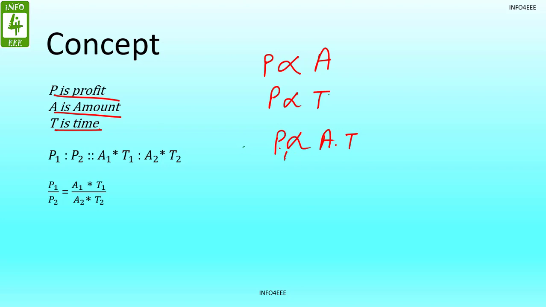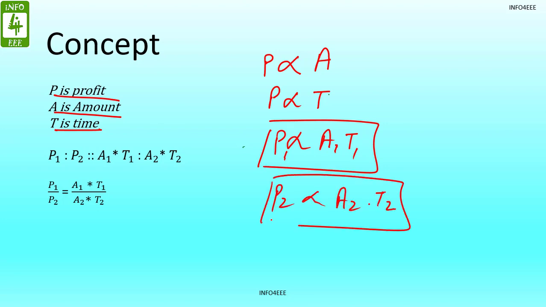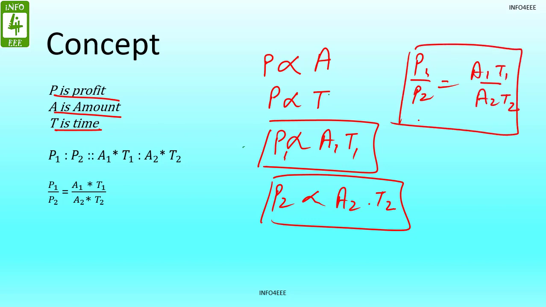This is the profit of person 1, amount A1 and time T1. Similarly for person 2 it is A2 into T2, right? If we find the ratio of P1 and P2, then we will get A1 T1 upon A2 T2. So this is the only formula which we need to understand in a partnership, right?